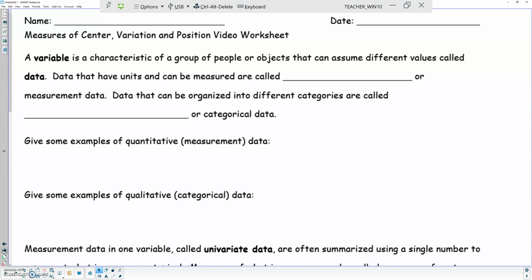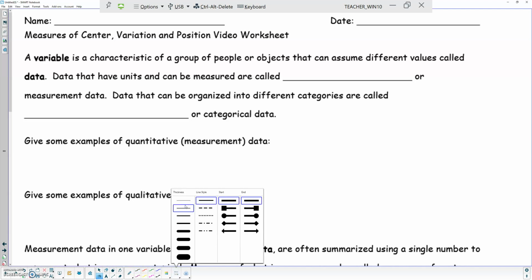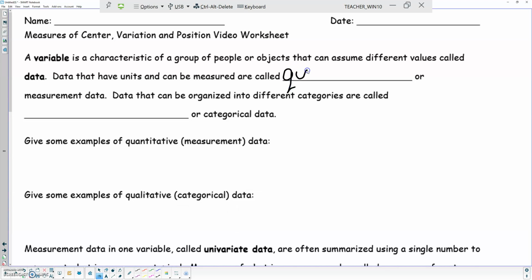So data that have units and can be measured are called quantitative. Okay, so anytime you have measurements involved, it's quantitative data. Okay, so again, anything that can be measured.